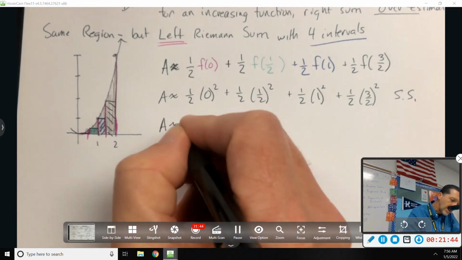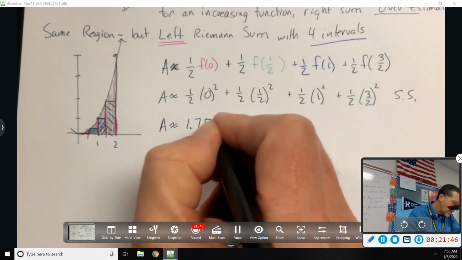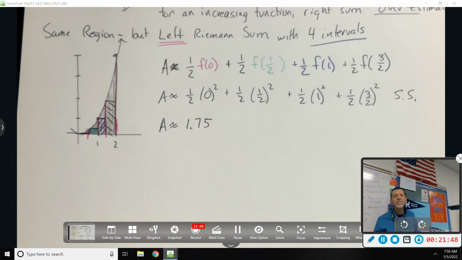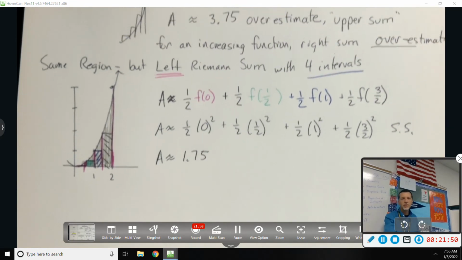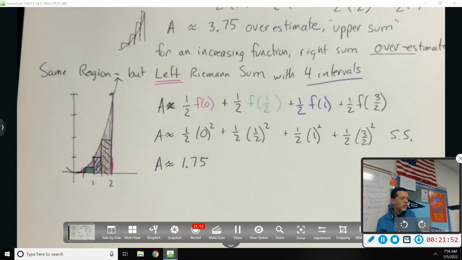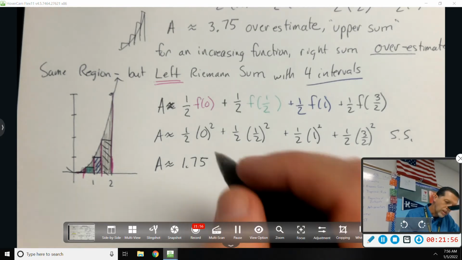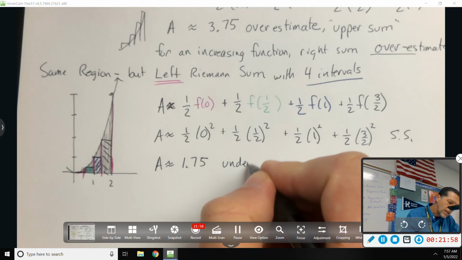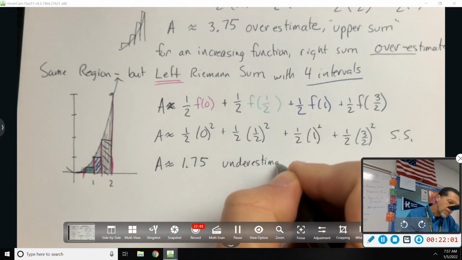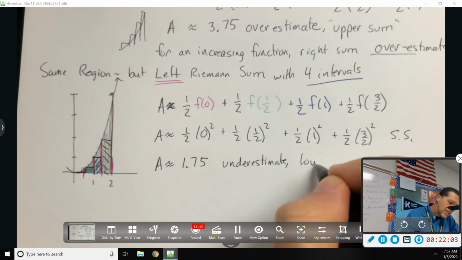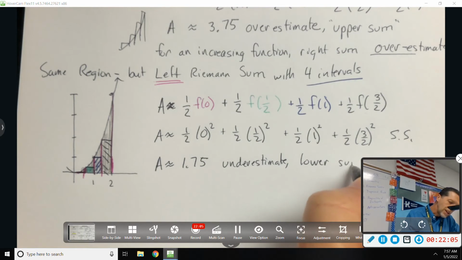I'm going to go ahead and do it just so we can see that it is indeed less than the previous answer, which is not surprising because all of those rectangles are under the curve. That's an underestimate. And we could call it a lower sum.